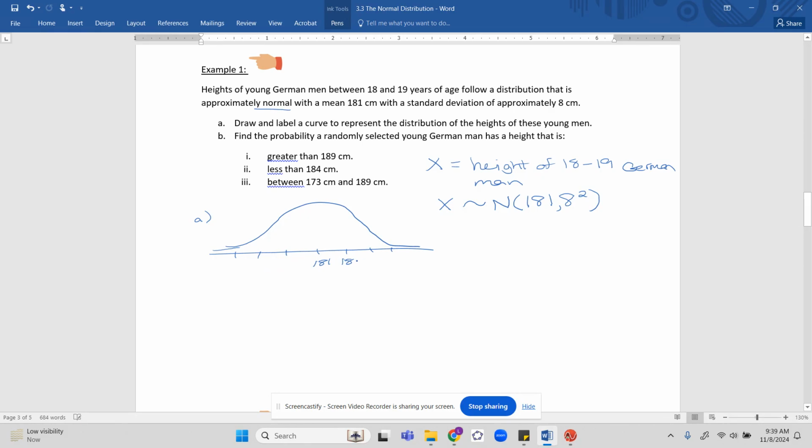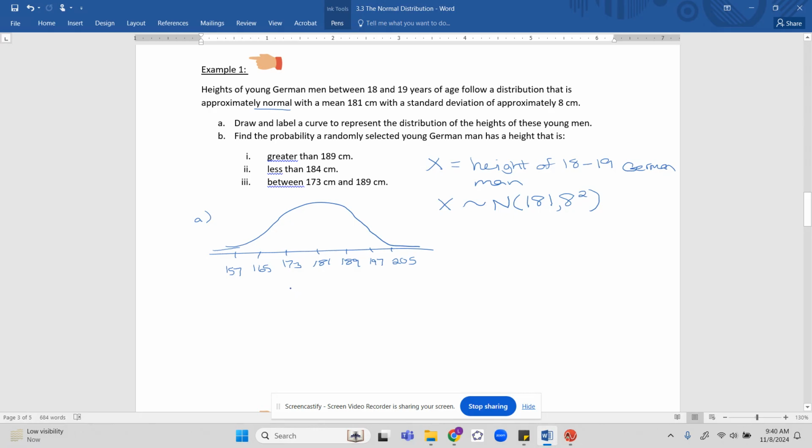So I have 189, 189 plus 8 is 197, plus 8 is 205. And then I'm also going to subtract 8 from each one. So 173, 165, and 157. Perfect.